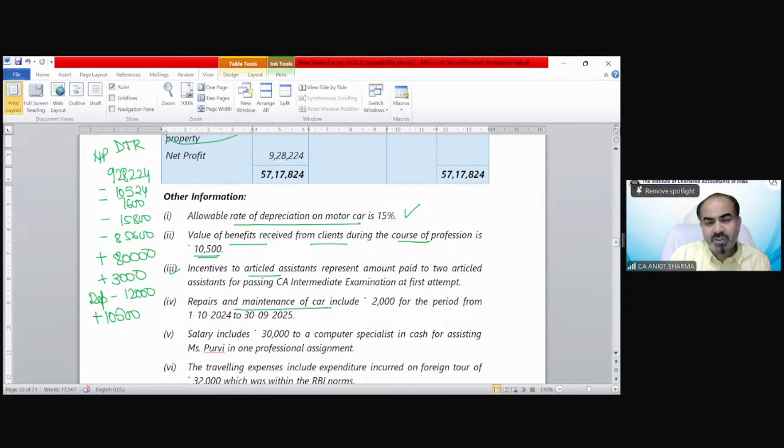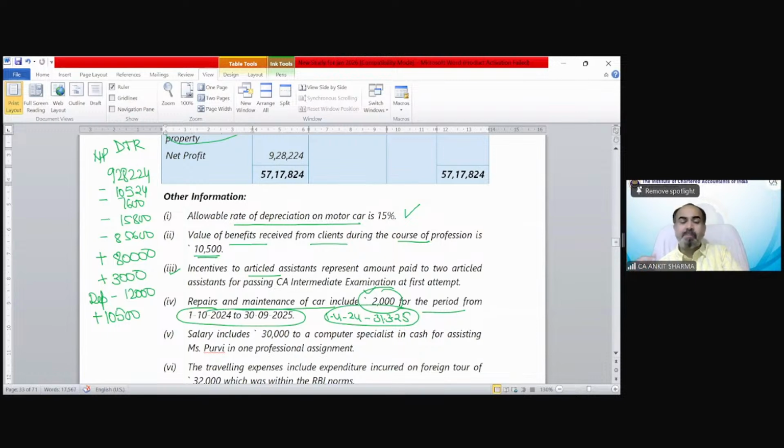Repair and maintenance of car includes 2,000 for the period of 1st October 24 till 30th September 25. We are preparing the financial statement or the net profit from 1st April 24 till 31st March 25. But now there is some part of this expenditure that belongs to the next financial year.